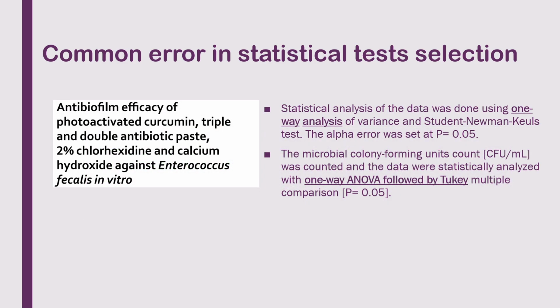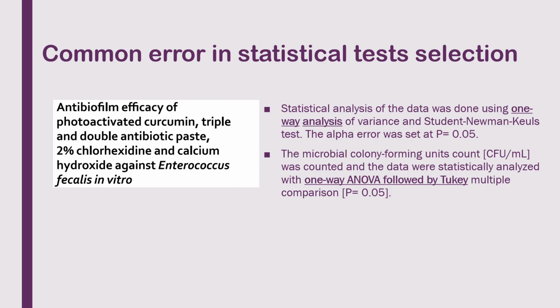Another common error that this article fell into: in this article, there was actually no specific statistical analysis section. They just wrote these 2 sentences at the end of each methodology. And if you notice, the author immediately ran the ANOVA test. They didn't mention anything about a normality test.